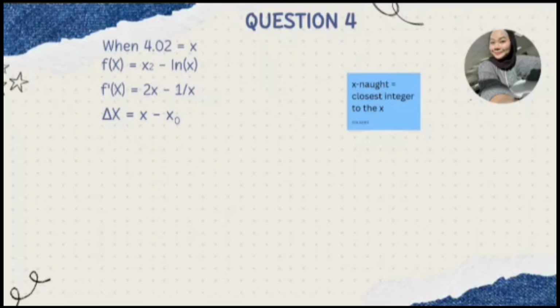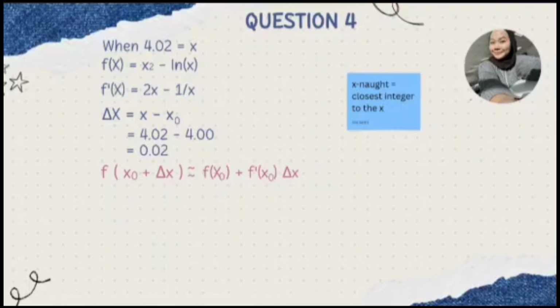The value of x naught is the closest integer to 4.02, which is 4. And the answer we will get is 0.02. Lastly, we will apply the linear approximation formula, that is f(x naught) plus f prime x naught multiplied by delta x. The equation will be x power of 2 minus ln x plus in bracket 2 multiplied by 4 minus 1 over 4 times 0.02.